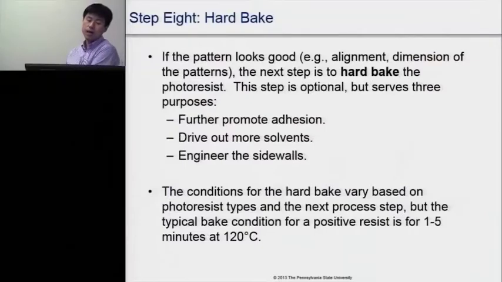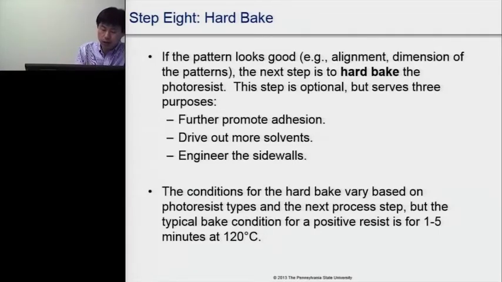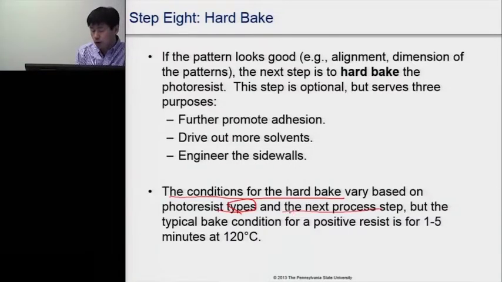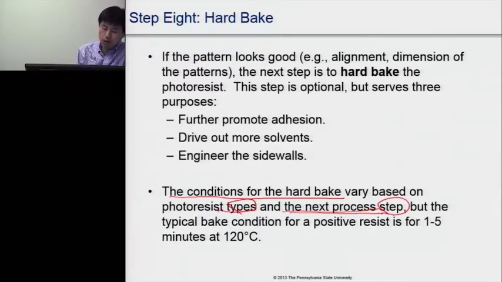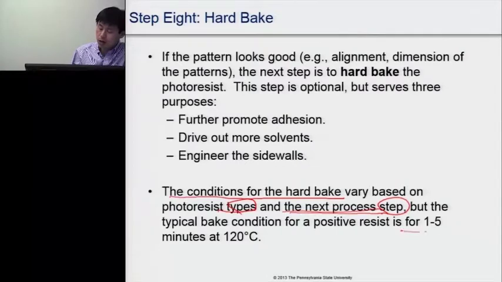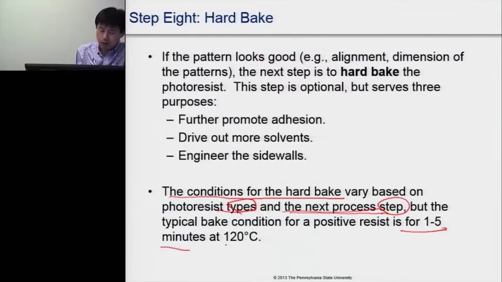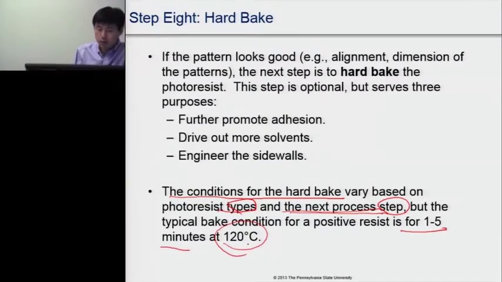Depending on the following steps, we may need to do the hard bake. Again, the condition for the hard bake varies based on the kind of photoresist, and the purpose of the hard bake highly depends on the next process step. But the typical condition is about 1 to 5 minutes of baking at 120 degrees Celsius on a hot plate.